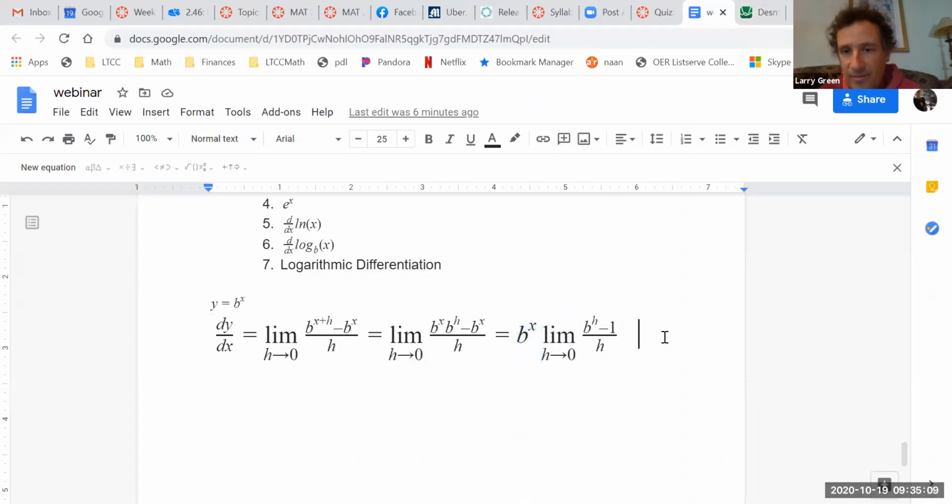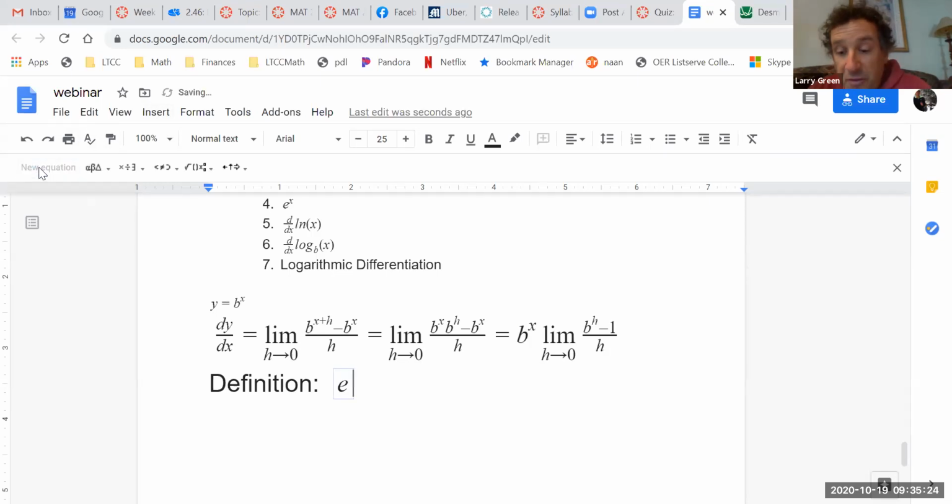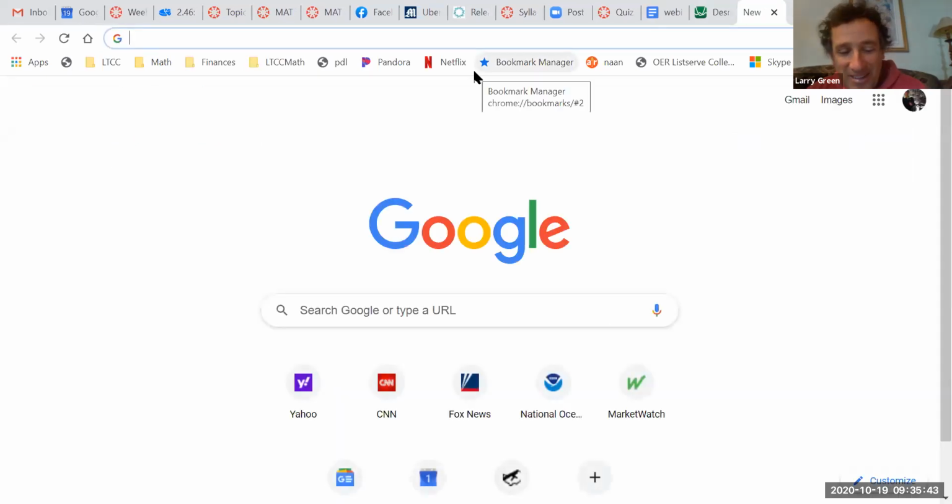So, definition: e, which by the way is 2.718281828, and then it doesn't keep going, and in fact then it changes, but at least for a while it's easy.